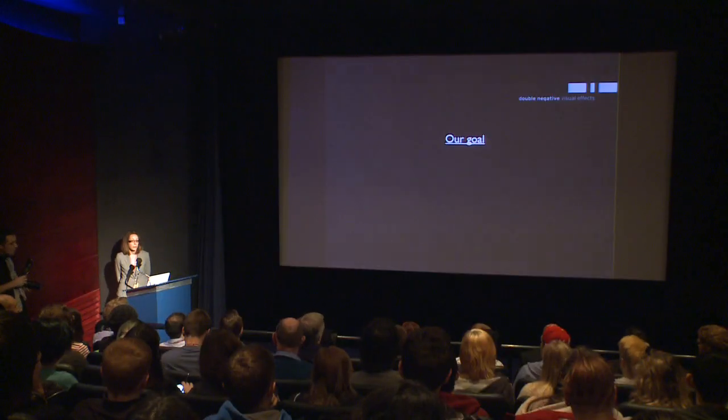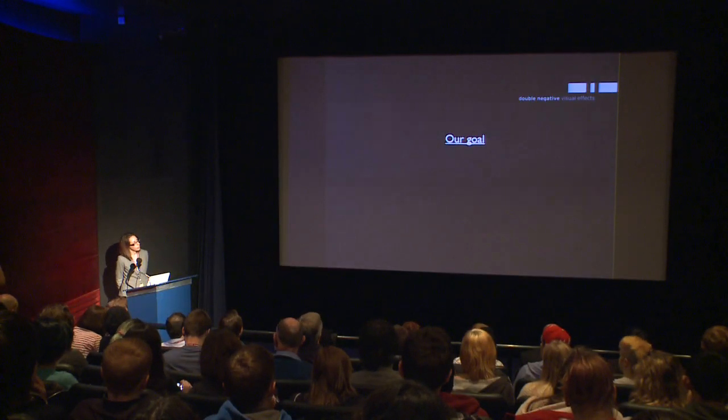Our goal, coming from visual effects, is to make our work invisible, and that means we don't want anyone to notice that our work's there. If you would notice it's a CG city, it means it's not working for whatever reason. So that's our goal, is to make it invisible.